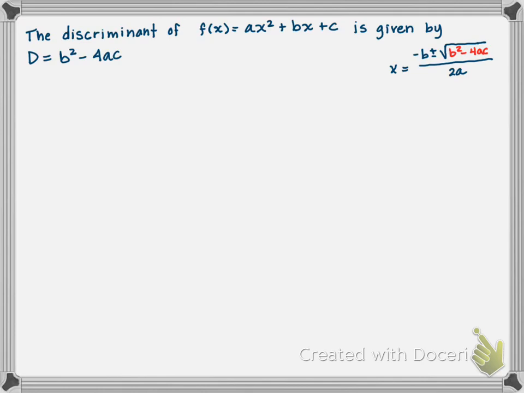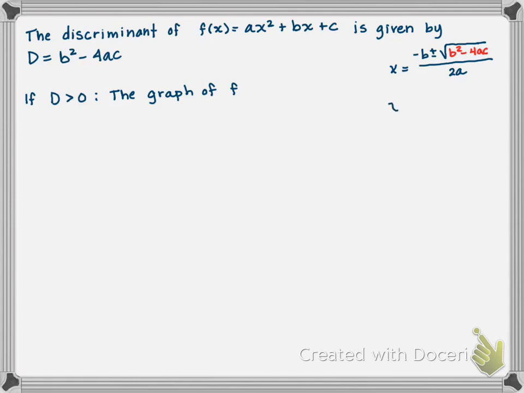So if our discriminant is positive, then the graph of f, well, if we set our function equal to 0, then the quadratic formula will give us the x-coordinates of the x-intercepts, right?